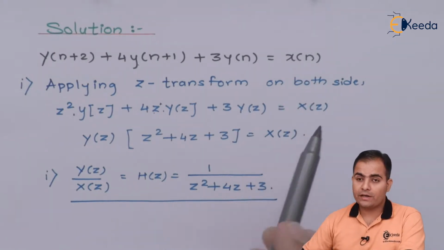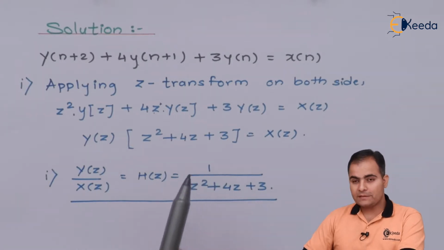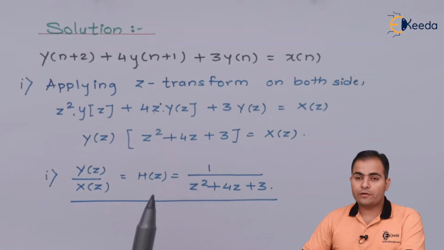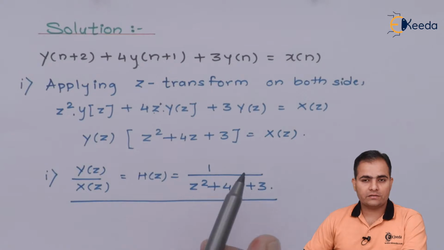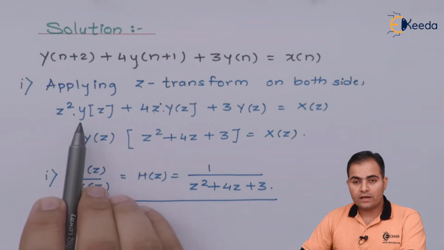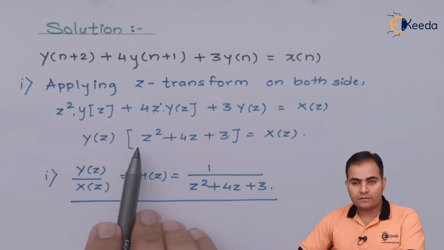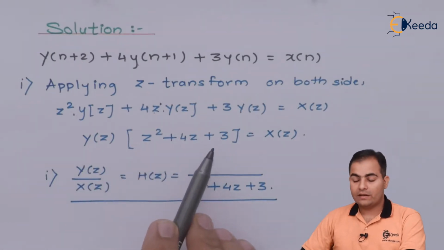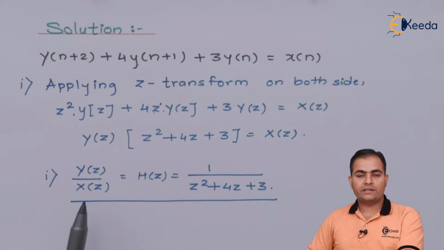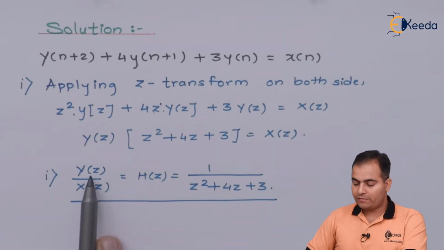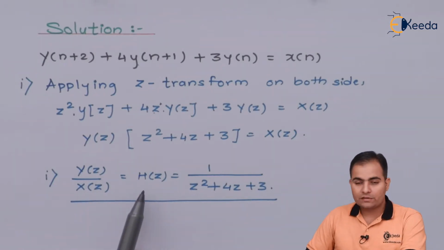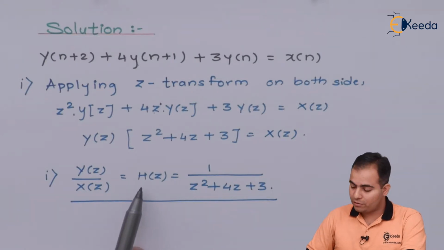Now, I want the transfer function, which means the ratio of the Z transform of the output response to the Z transform of the input. So first of all, I'll take Y of z common from the left hand side. After taking Y of z common, I have got z square plus 4z plus 3. And now I'll take the ratio to get the transfer function. So Y of z by X of z is nothing but the transfer function of the system, represented by H of z.